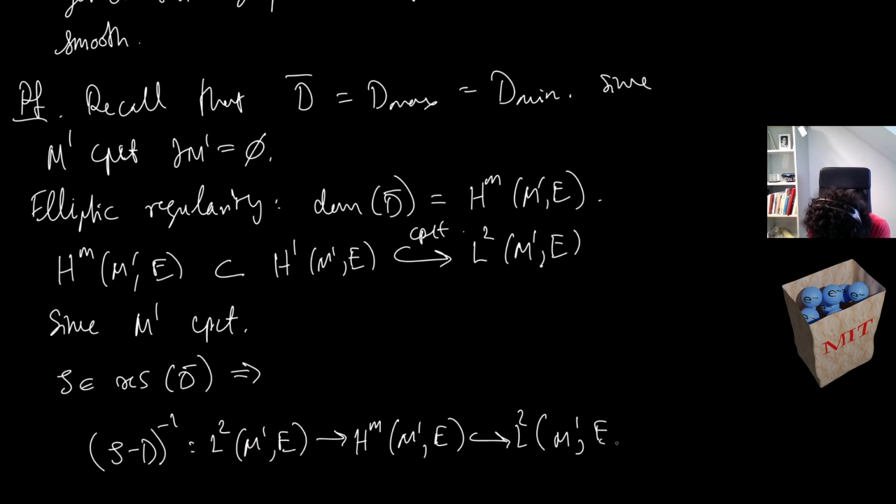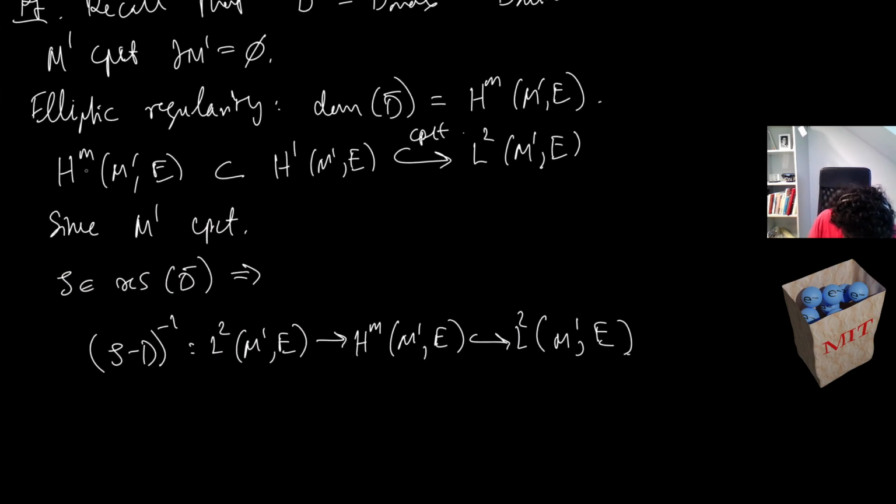Okay, so this embedding of HM into L2 is compact, because the composition of a bounded operator with a compact operator is compact, right? So this is compact, and that implies that (zeta minus D) inverse is a compact operator.